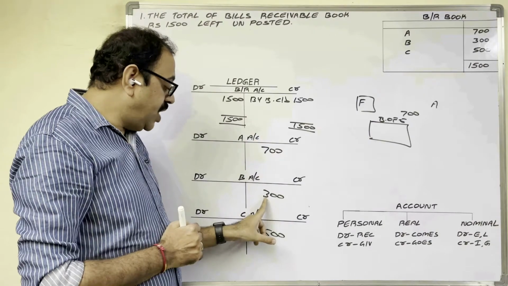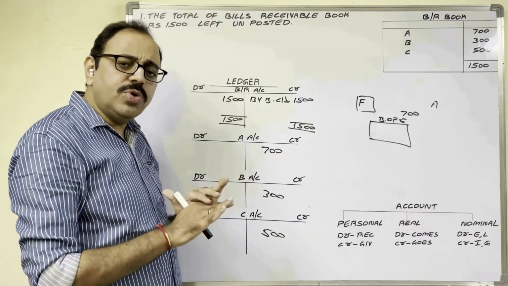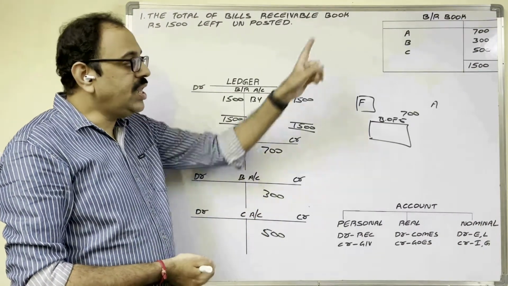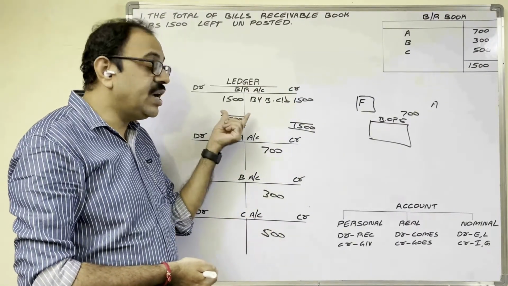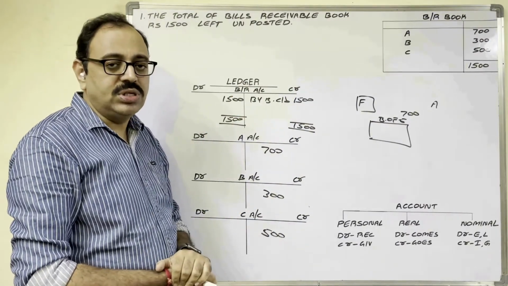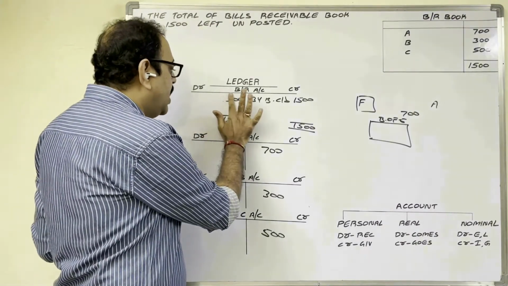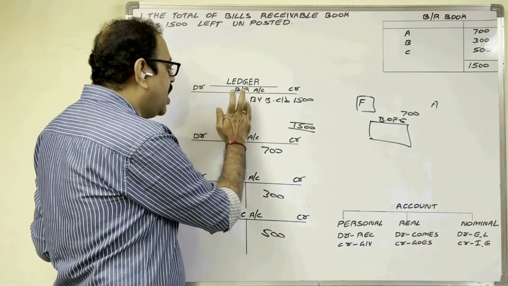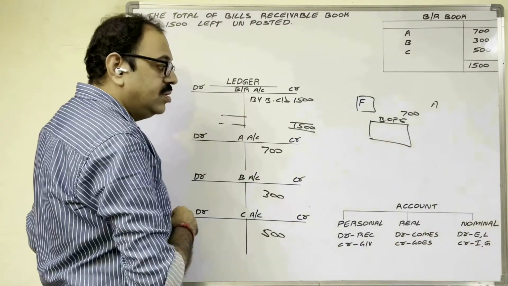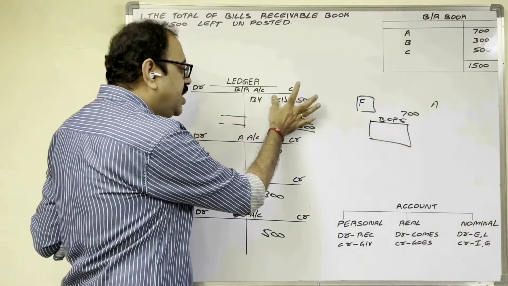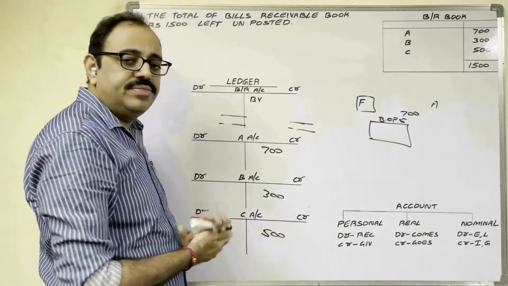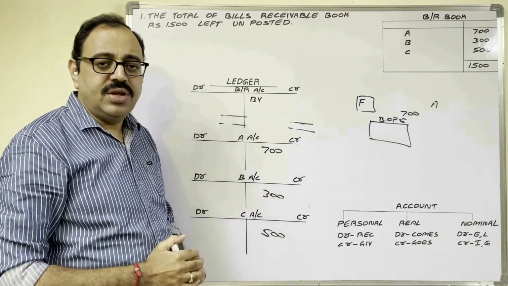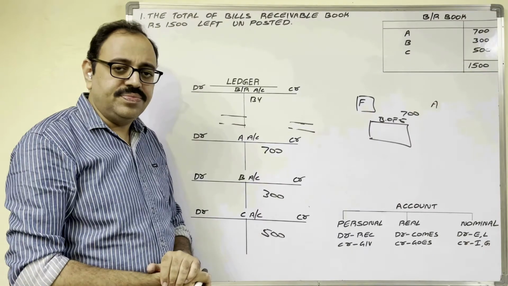In the A account, B account and C account, we are not going to post the totals, only their individual amounts. This means the mistake is committed in the bills receivable account. So on the debit side, they have not posted 1500 rupees. As a result, on the credit side, the balance carried down is nil. This is a mistake. Now we should rectify this error.